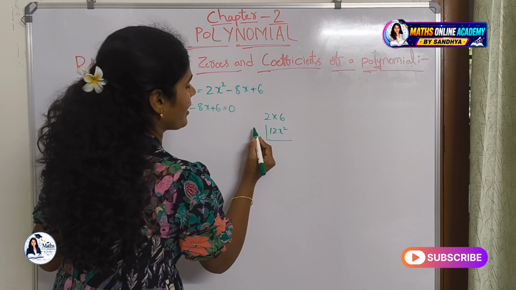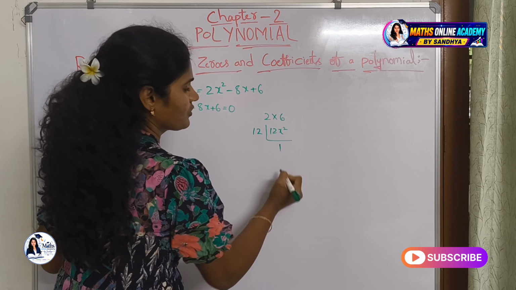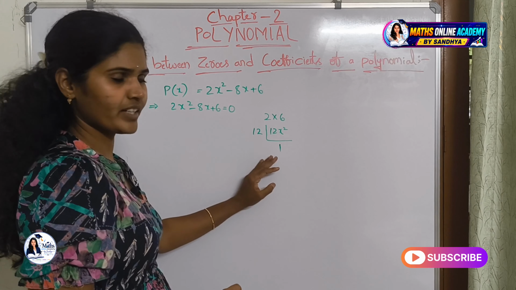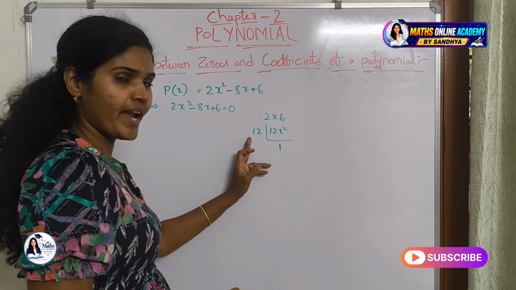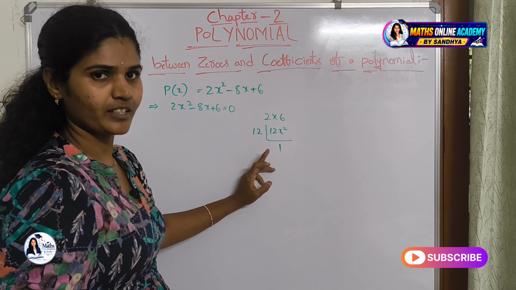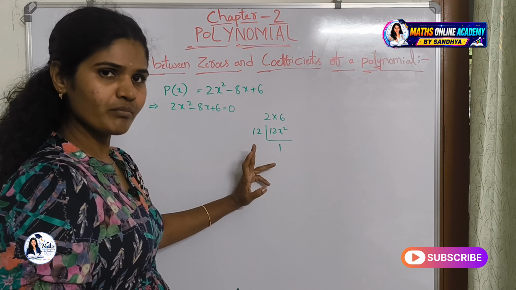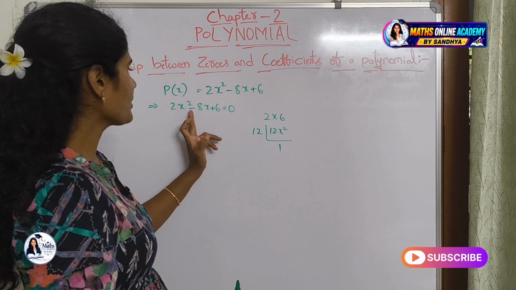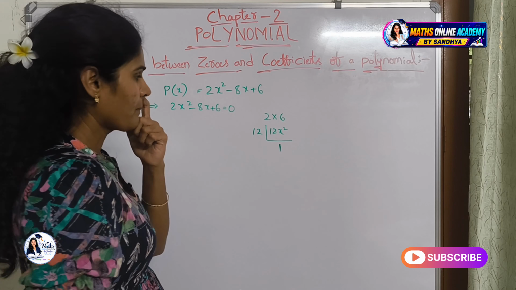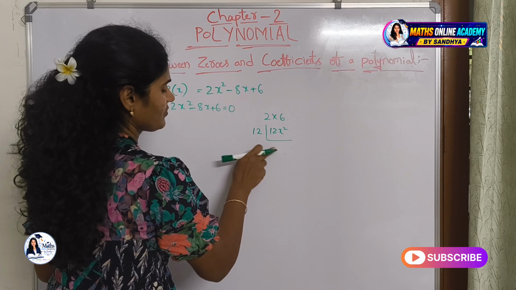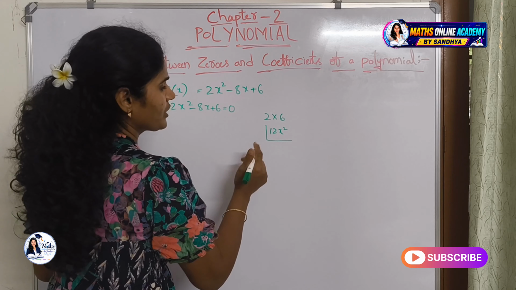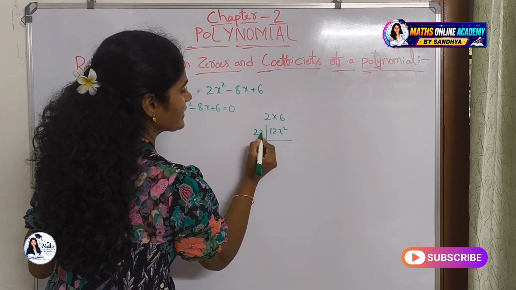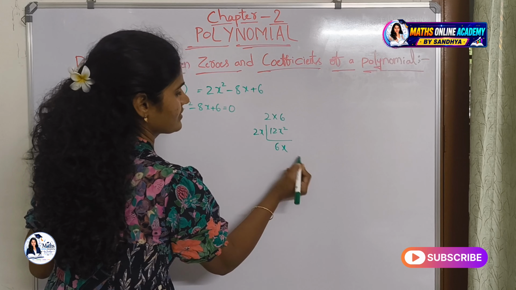For example, here I am taking 12 and 1, 12 is one pair of factors. These are also factors, but when you add or subtract, you have to get minus 8x. Minus 8x means, think of the 2 table: 2x and 6x.